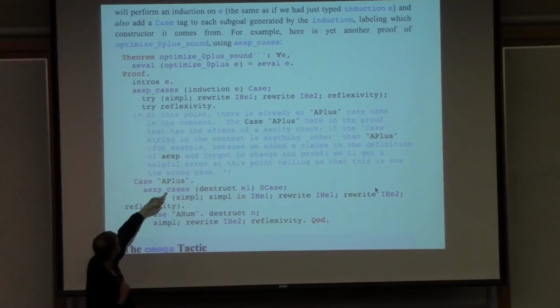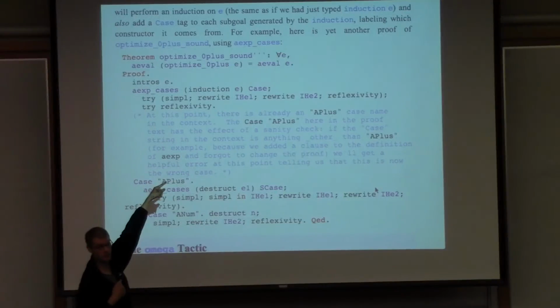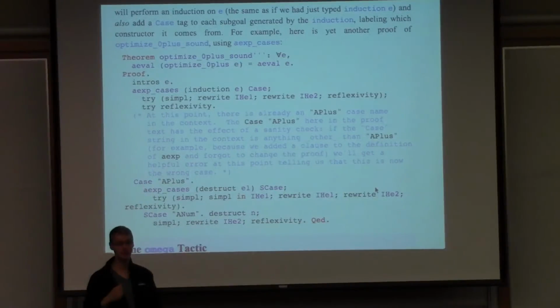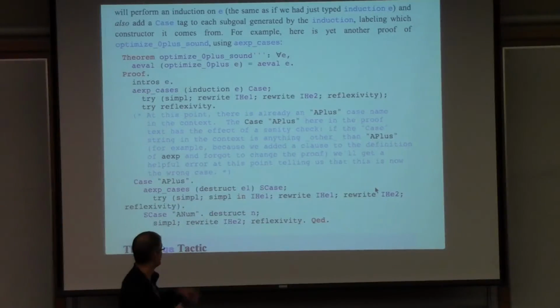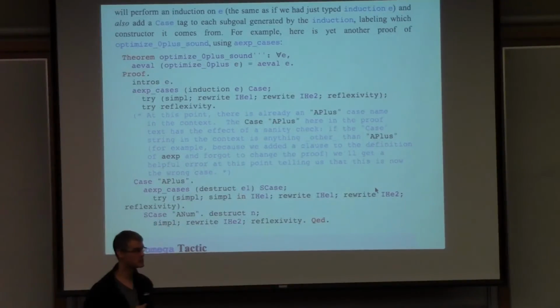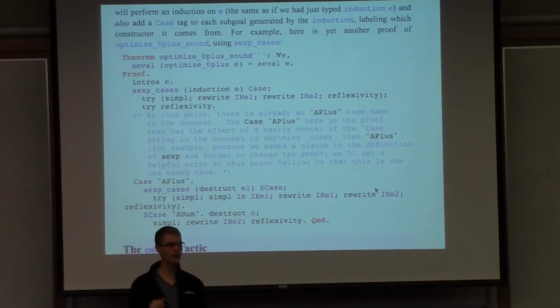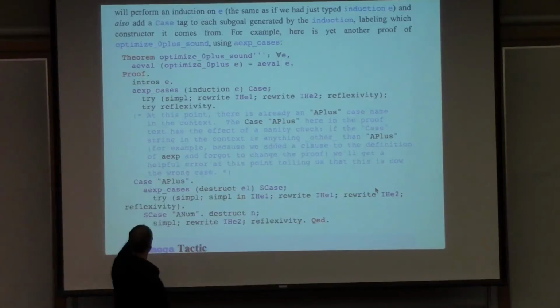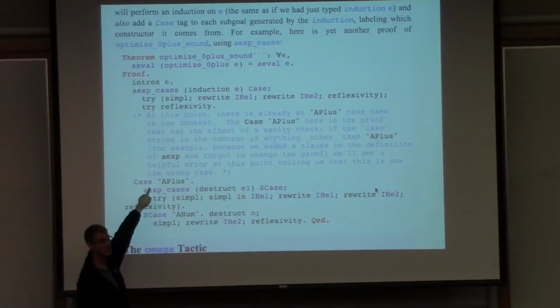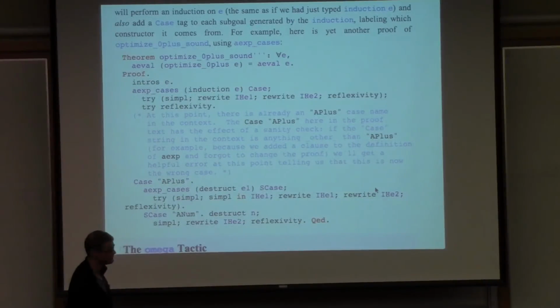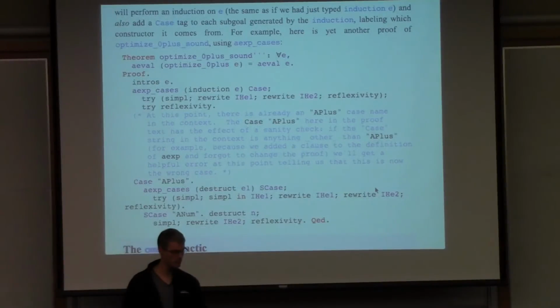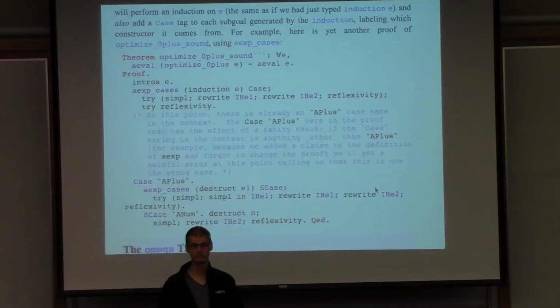Well, suppose that I get the try stuff a little bit wrong, or I change my definition and I reorder the cases, and now I try and rerun this proof. Instead of just some tactic failing in the middle and me having no idea what happened, I will get a failure from this case tactic that says you aren't proving the subcase that you think you are. This is an invention of my student Aaron Bohannon, so I'm proud of it. It makes big proofs about complicated definitions much less painful.